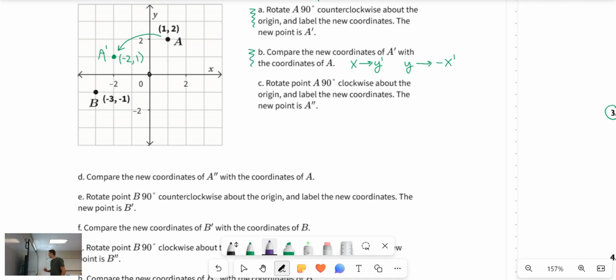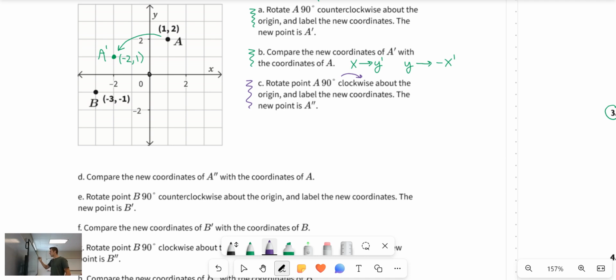Rotate the point A again, 90 degrees clockwise about the origin. We're going to do this in purple, and label the new coordinates. The new point is A double prime. If it was here, we have to rotate it clockwise, meaning this way. So we have to bring it down.